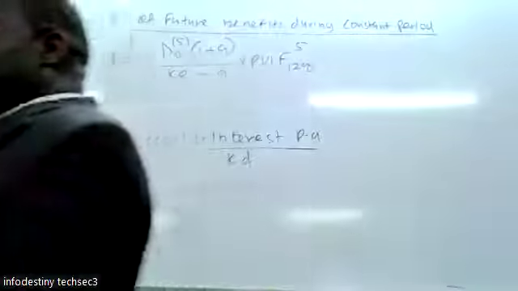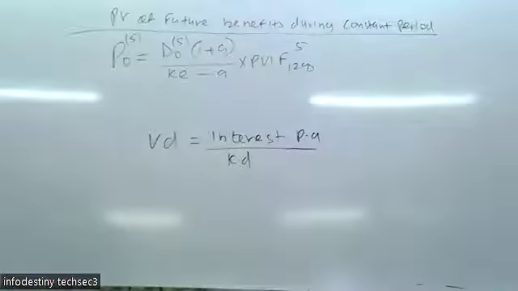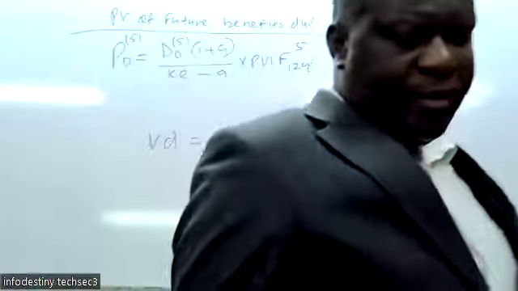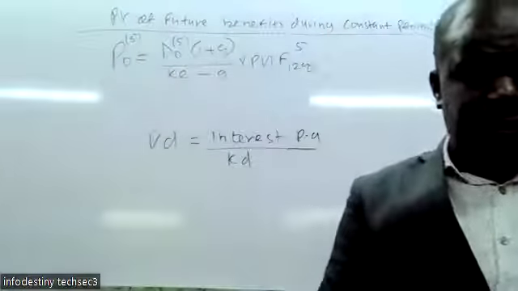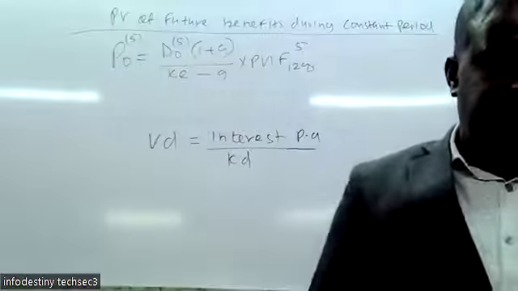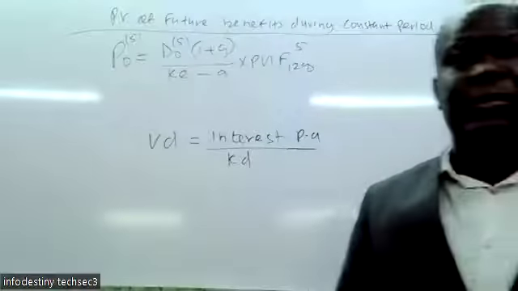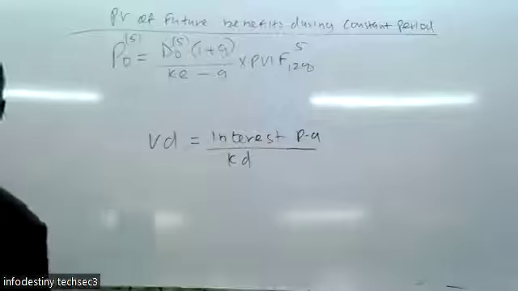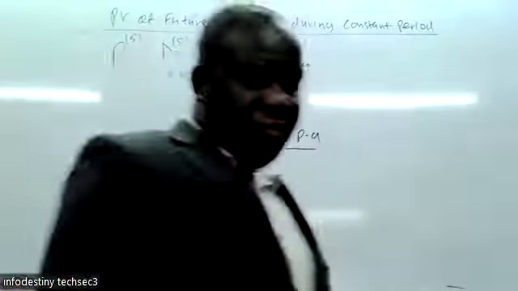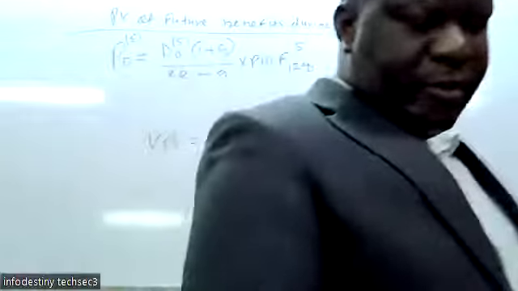So KD is the cost of the debenture or bond. Even for that one, I don't have any question from the past paper. Let us now go to B, valuation of redeemable debenture.